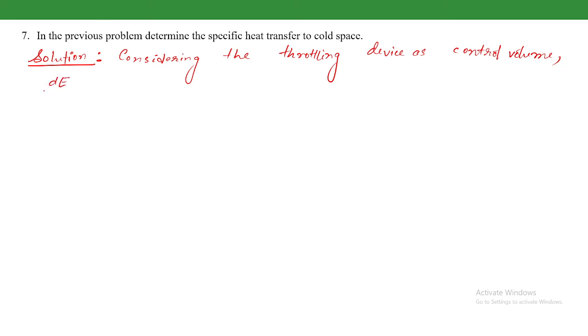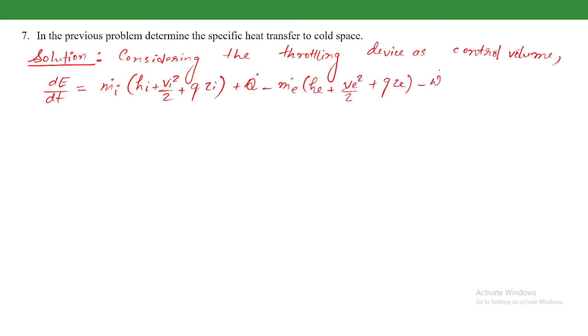now dE by dt is equal to, here writing the energy equation. For a steady state process, d by dt is equal to 0.